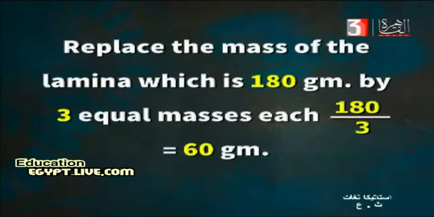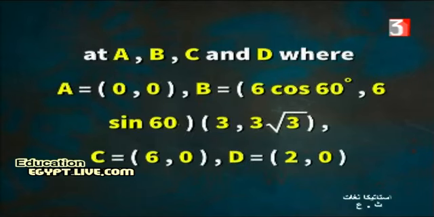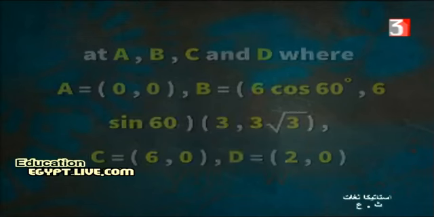Now we can determine the center of gravity by dividing the mass of lamina into 3 equal masses and determining each point.